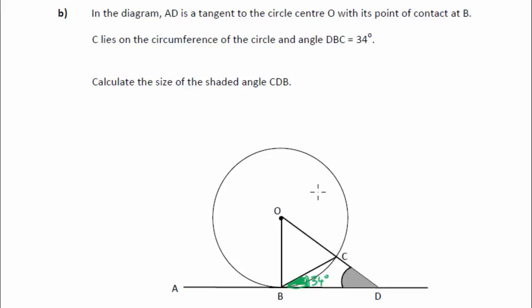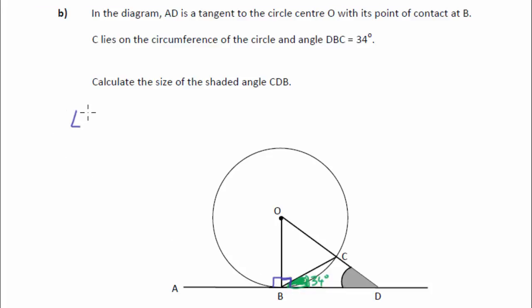Now, we've got a tangent, so this is going to be a right angle there, and that's also going to be a right angle. Part of this right angle has been taken up by 34 degrees, but we could calculate OBC, because OBC is this 90 degrees minus the 34.